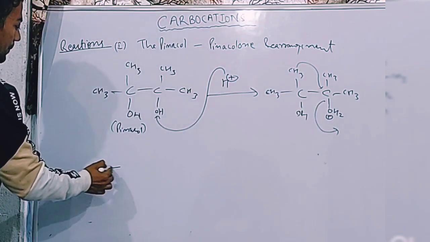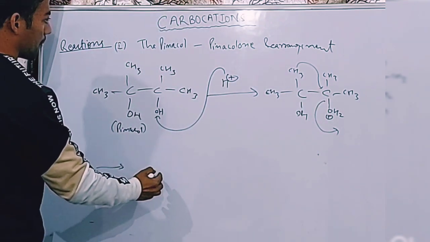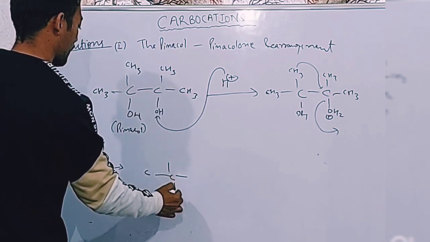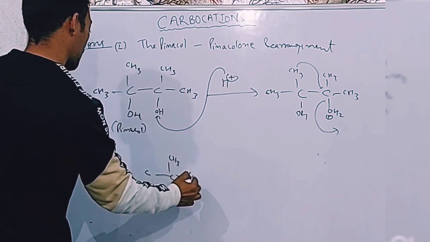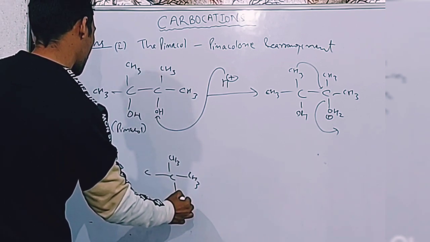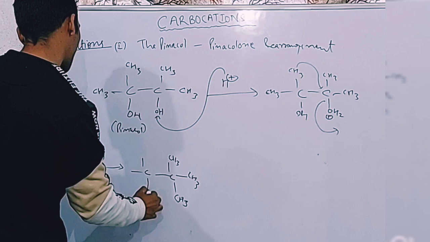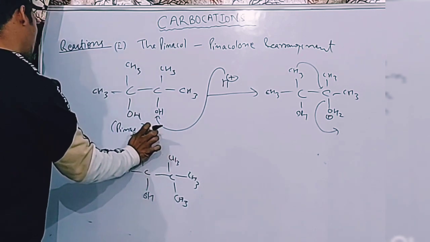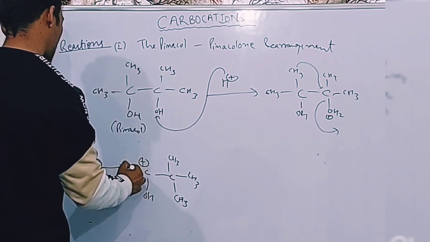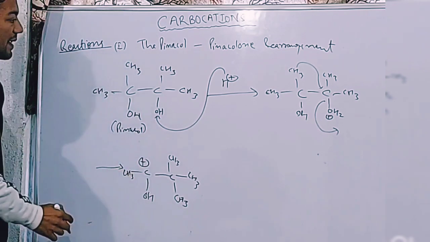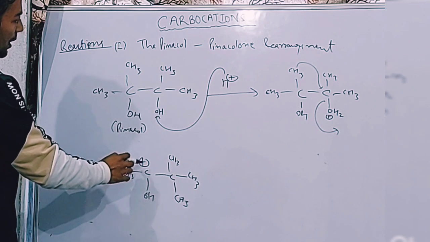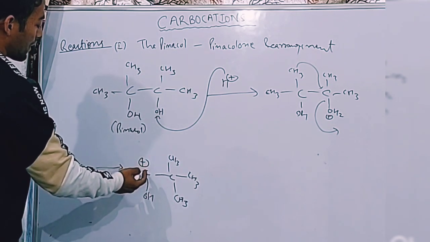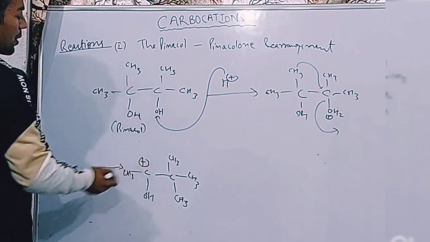See how? As you can see, the methyl group has shifted to this side, and here a positive charge remains on this carbon and thus it becomes a carbocation.